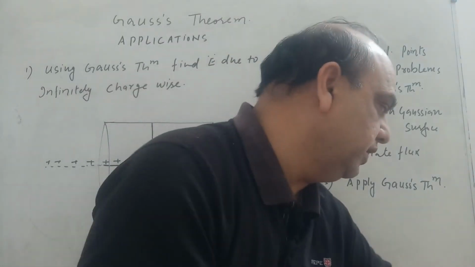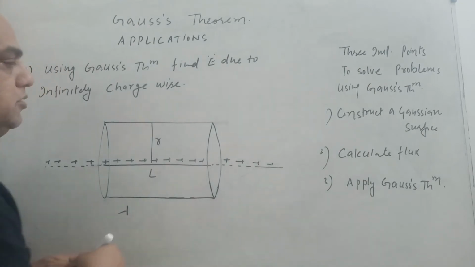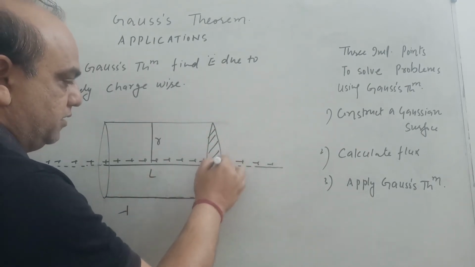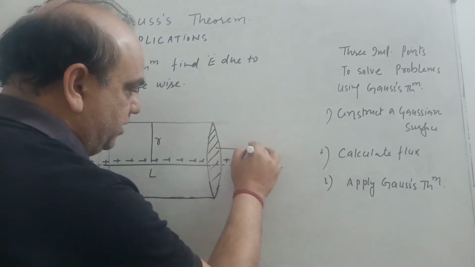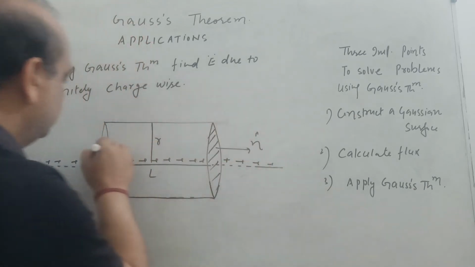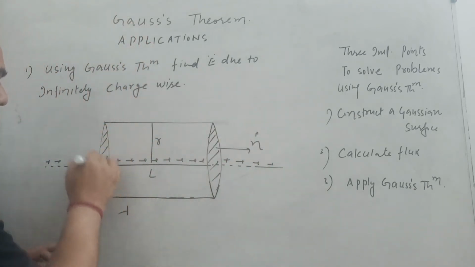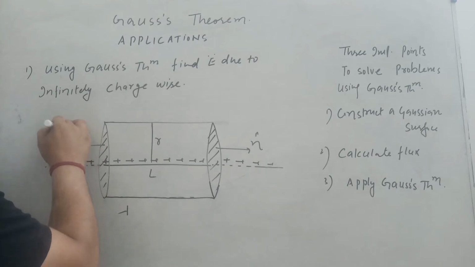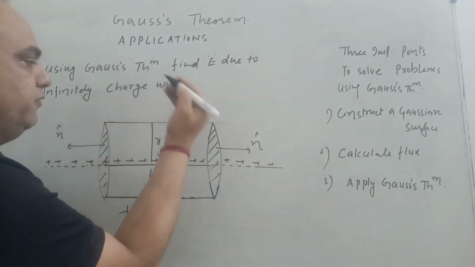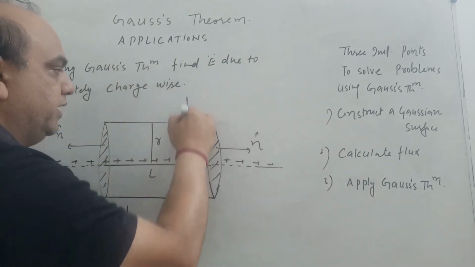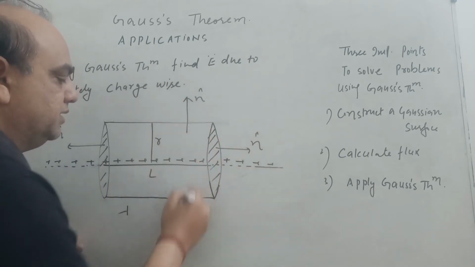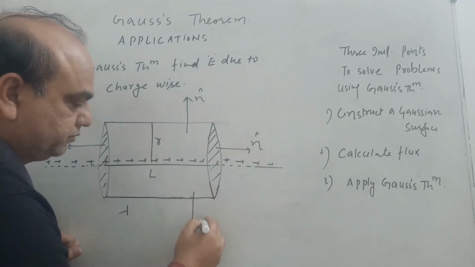So let us draw the area vectors. This is a flat surface, and it has an area vector normally outward. This is again a flat surface, with area vector normally outward. This is a curved surface, and wherever I want to draw the area vector, it will be like this.